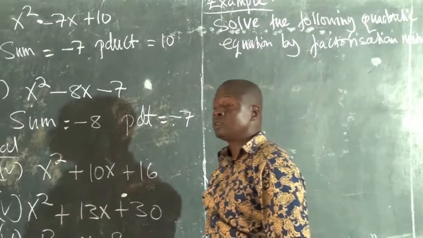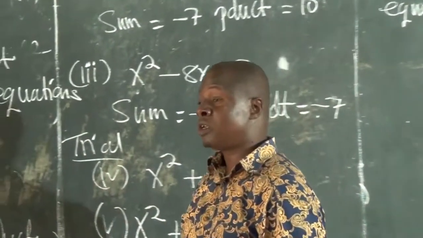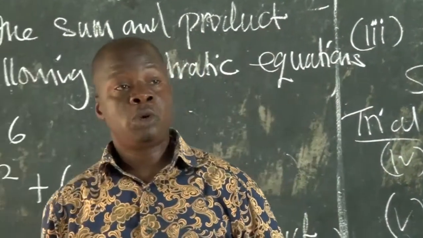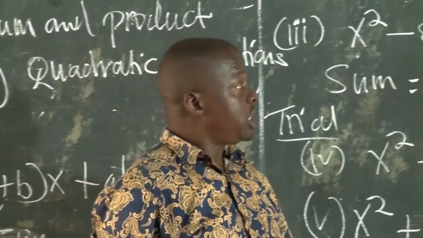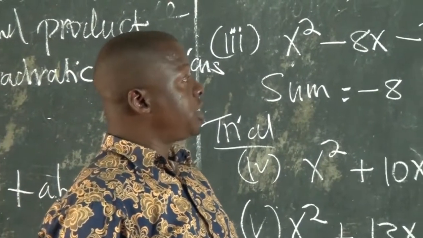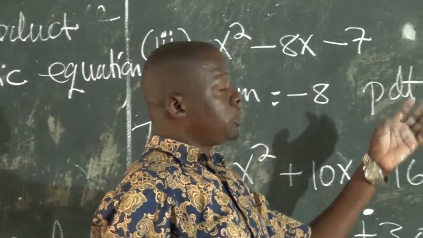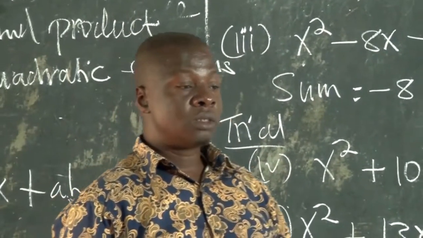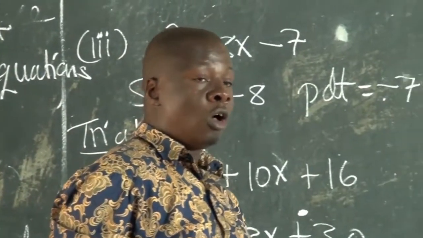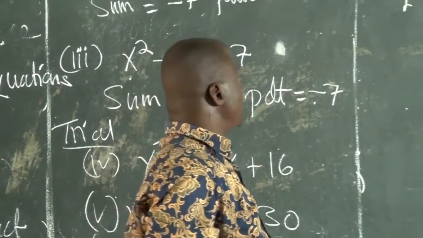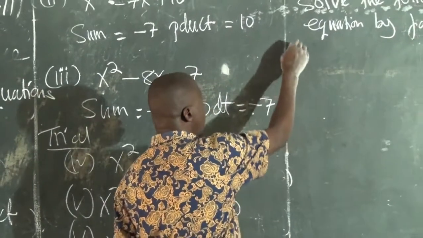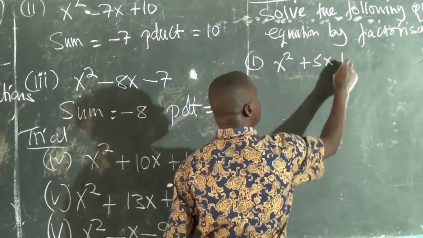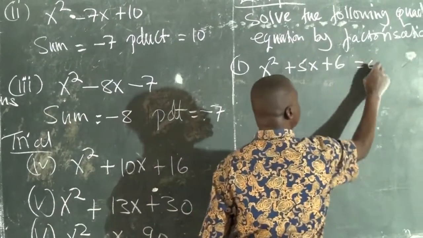In scenario 2, we look at the factorization approach. We also look at the graphical approach. Then in scenario 3, we shall look at completing squares and also the general method, which sometimes we call the bulldozer. So we have our number 1 here, x squared plus 5x plus 6 equal to 0.